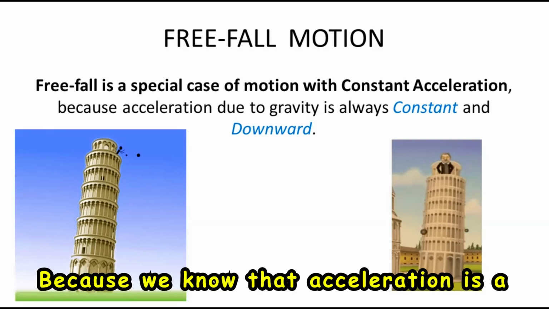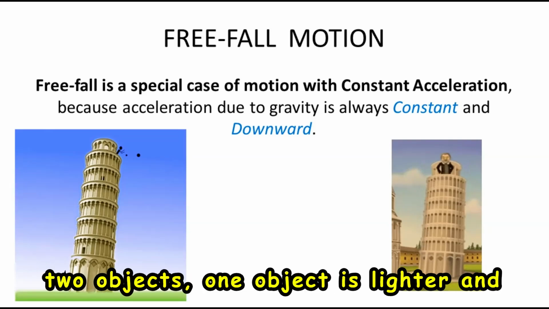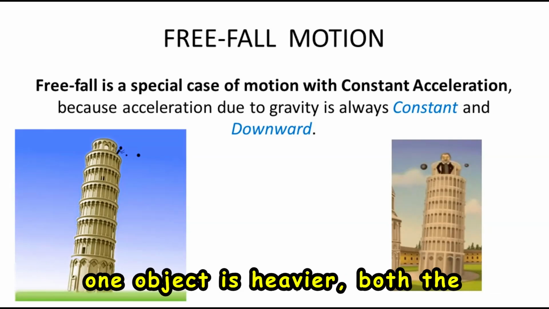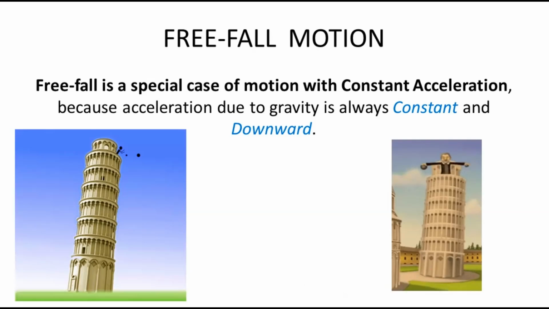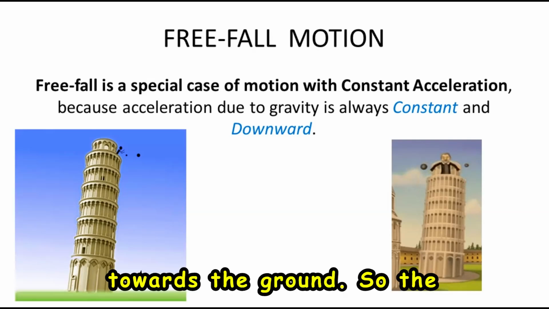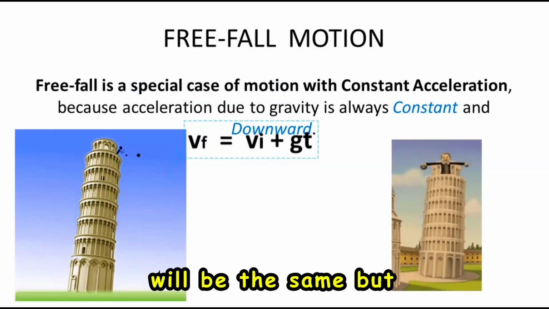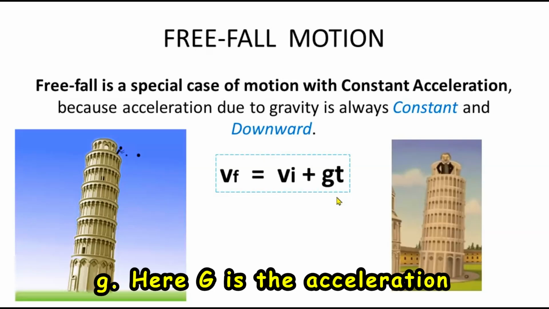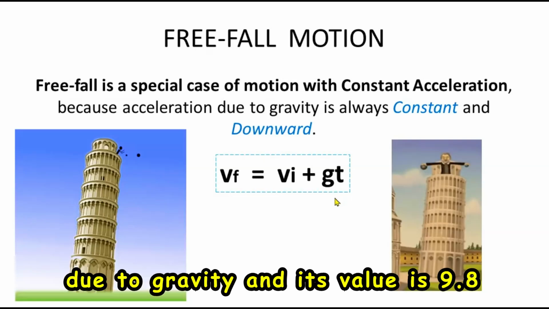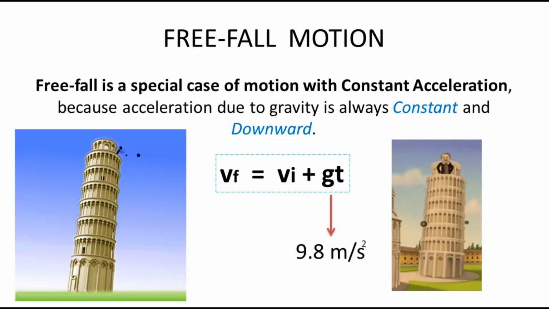Because we know that acceleration is a vector quantity. So if you throw two objects, one lighter and one heavier, both will fall at the same time towards the ground. So the first equation of motion in this case will be the same, but the acceleration a is replaced by g. Here g is the acceleration due to gravity and its value is 9.8 meters per second squared every time.